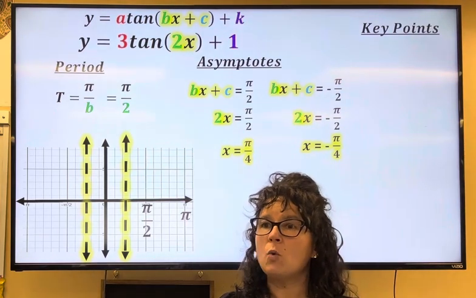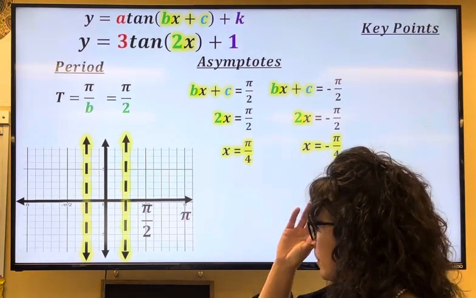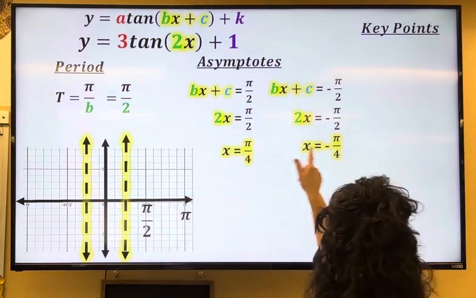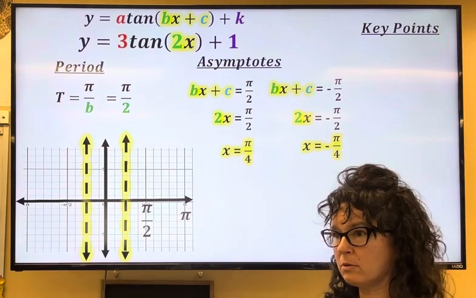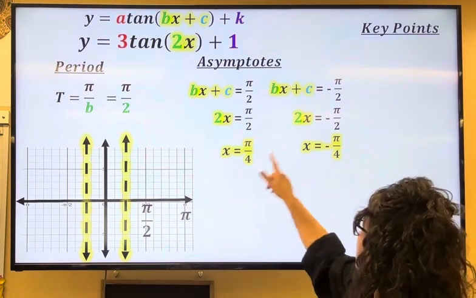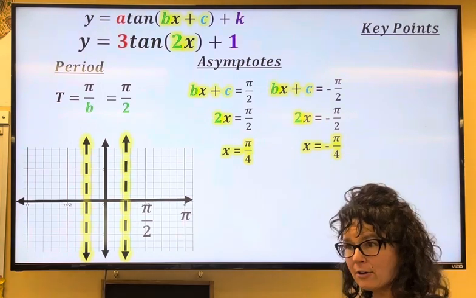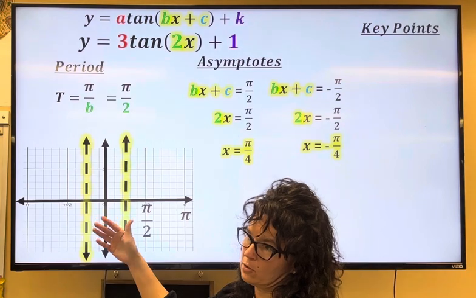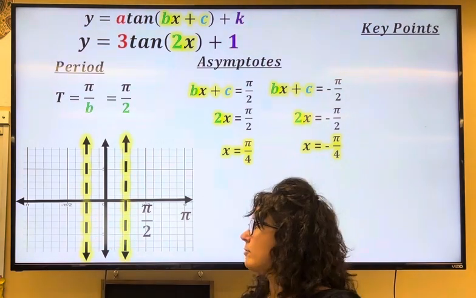So if you want to find the middle, you would add these two together and divide by 2, because you're really finding the average. And if I take pi over 4 plus negative pi over 4, I get 0. 0 divided by 2 is 0. So if it wasn't obvious, add them together, divide by 2.